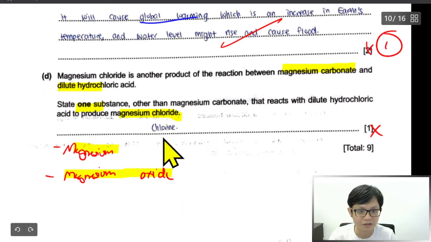The student wrote chlorine, but chlorine doesn't make sense, because magnesium chloride is another product of magnesium carbonate. If you just put chlorine and hydrochloric acid, the magnesium is already missing, so it's impossible to get magnesium chloride. No matter what you do, you still don't get the magnesium.